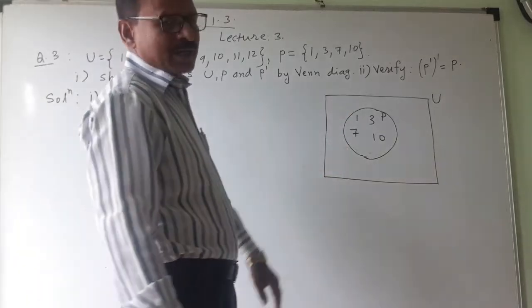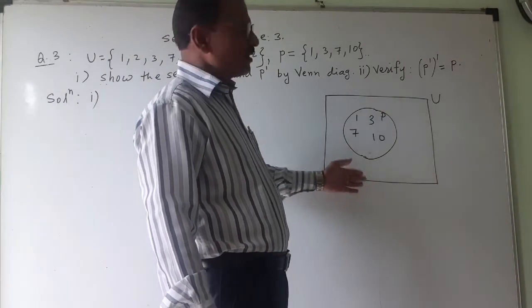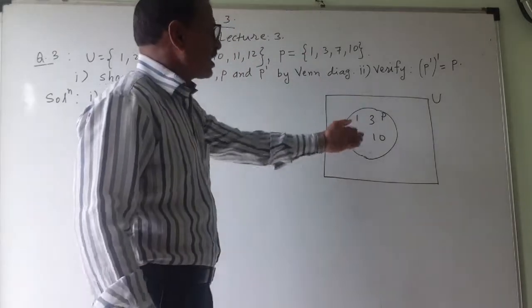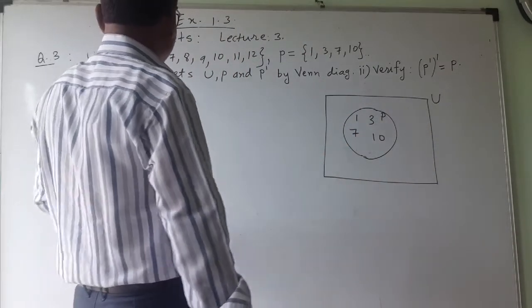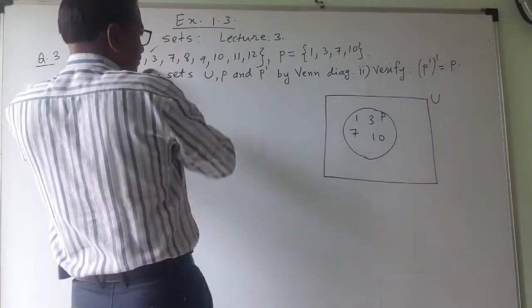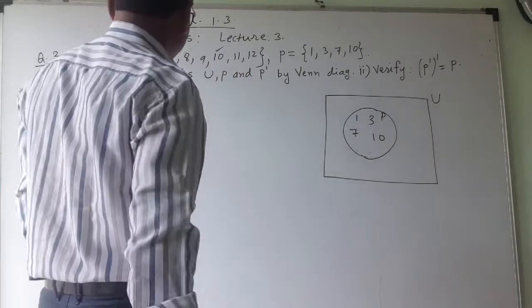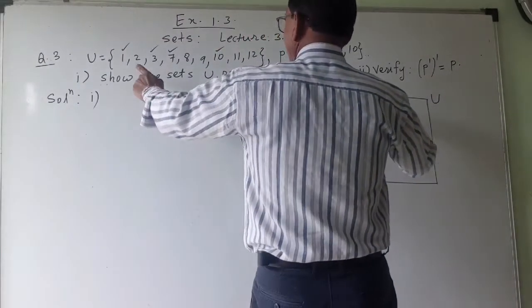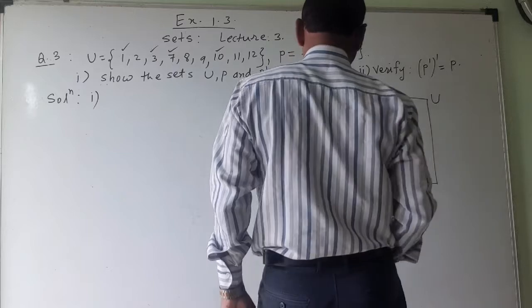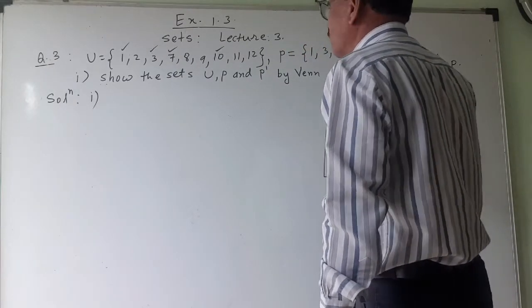U I have not yet completely shown. U is the part of this. Now the remaining elements I have to write outside P. Which are those remaining elements? 1 is done, 3 is done, 7 is done and 10 is done. The remaining elements I will write here. 1 is already written here, so I won't take it because it would come twice.